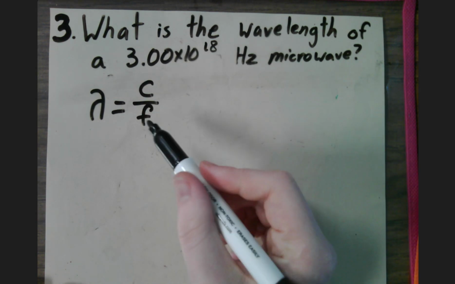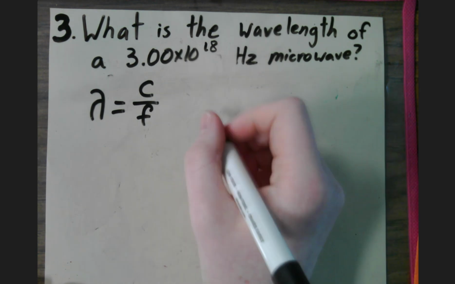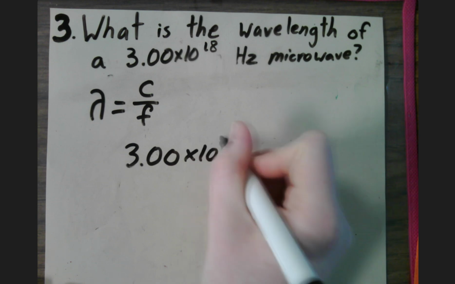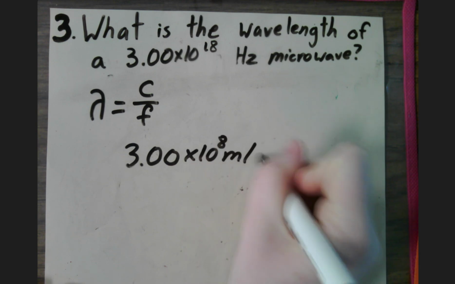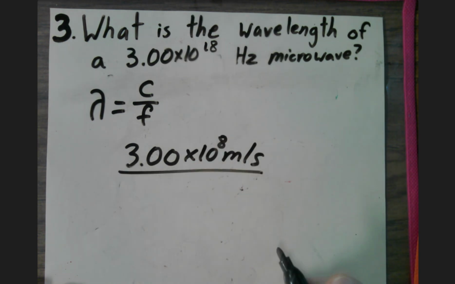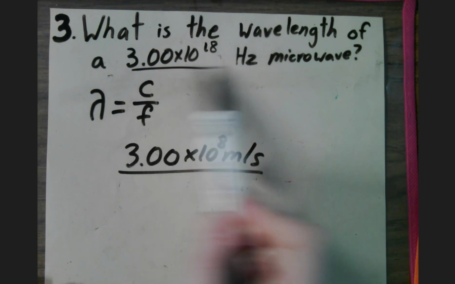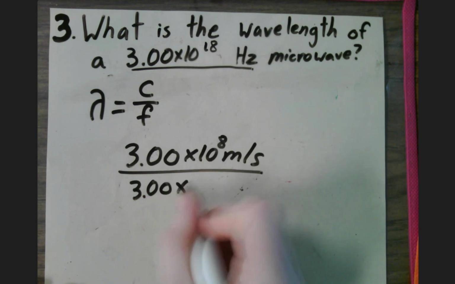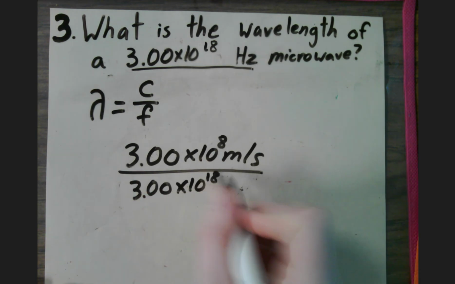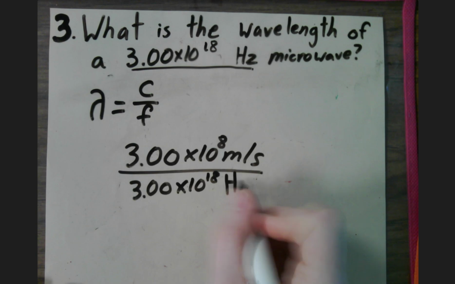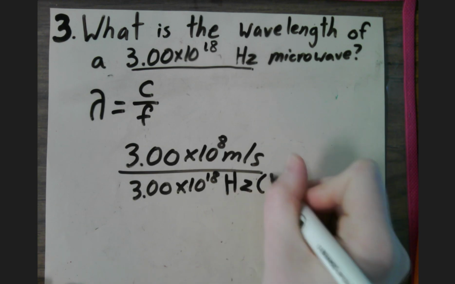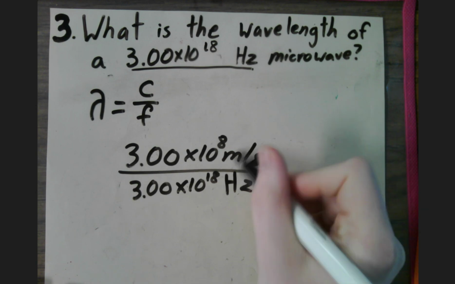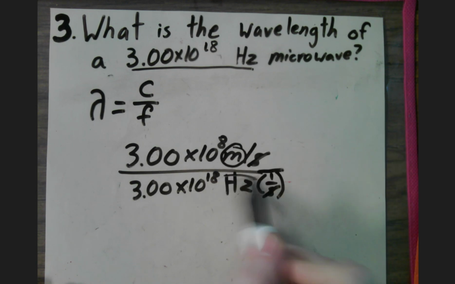So we've got our speed, which is our constant, 3.00 times 10 to the 8th meters per second, over our frequency. And in this problem, our frequency is right here: 3.00 times 10 to the 18th power and hertz, or if you would rather, 1 over a second. Those seconds cancel out and you will just be left with meters. Okay?